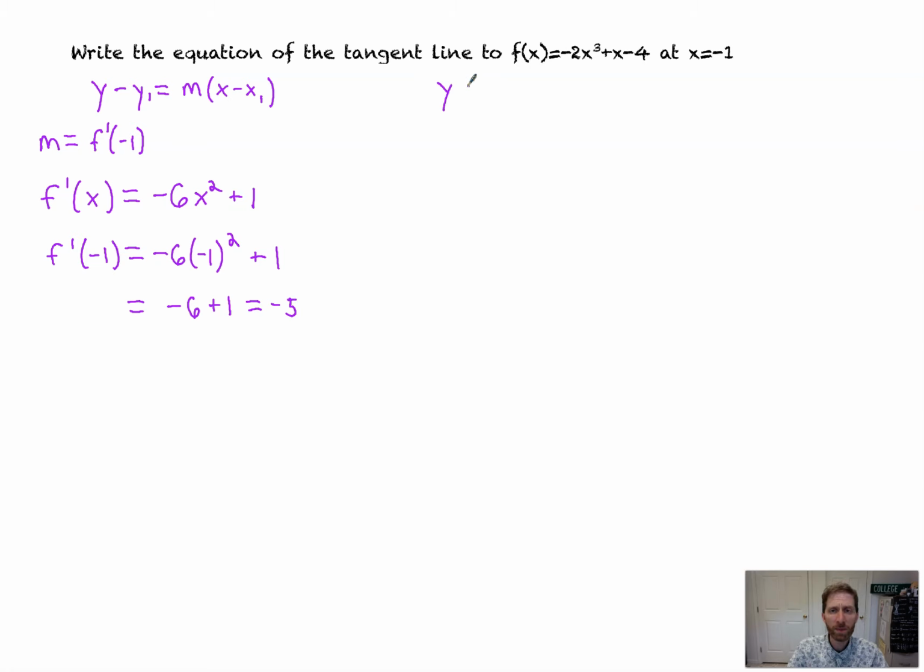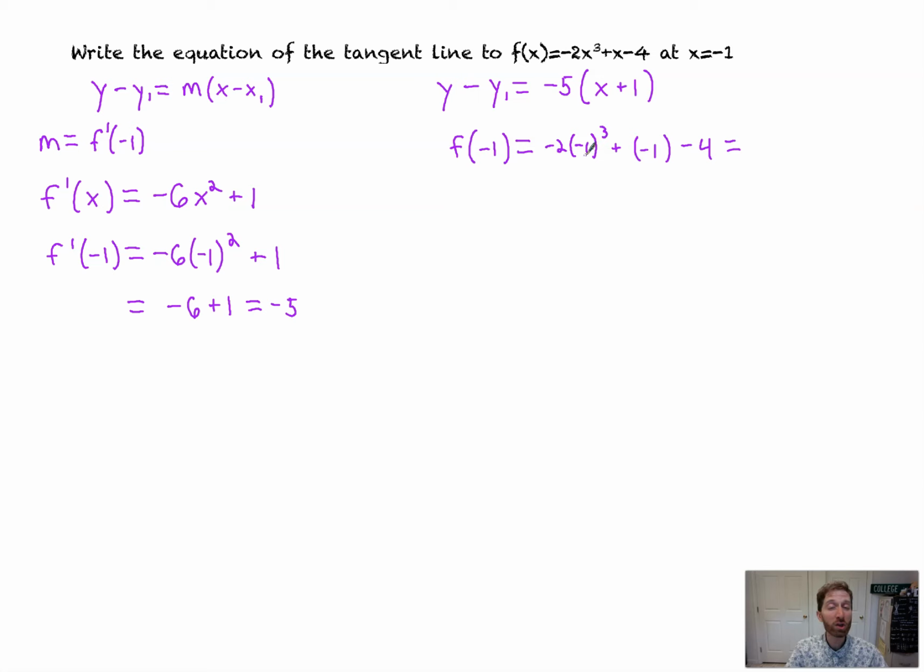So if I go to plug into my equation, I recognize I don't have y1, but I've got my slope, it's negative 5, and I have x minus a negative 1, or x plus 1. So I need to still find the y value when x is negative 1. How do I do that? Well, f of negative 1 is equal to, plug negative 1 in here, you'll get negative 2 times negative 1 cubed, plus negative 1 goes in for x, minus 4, and we simplify.